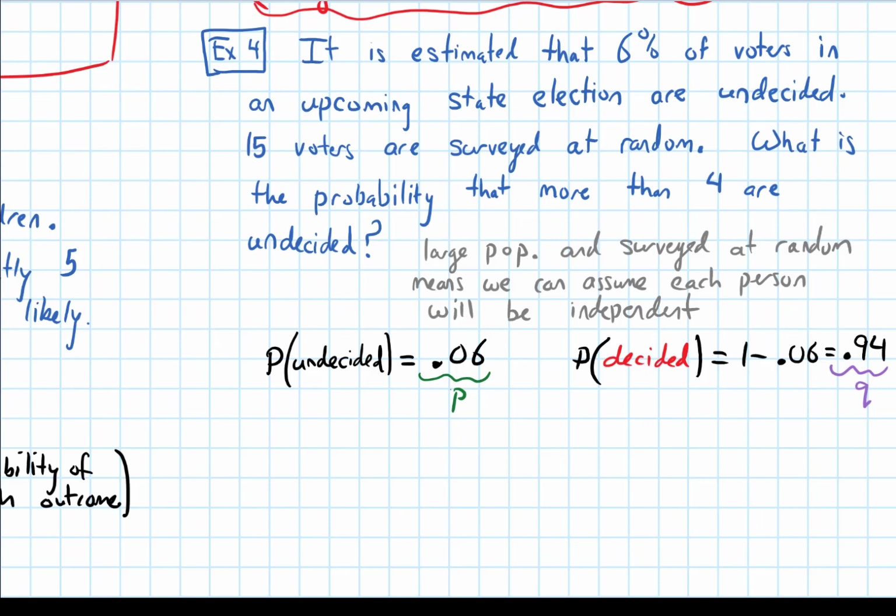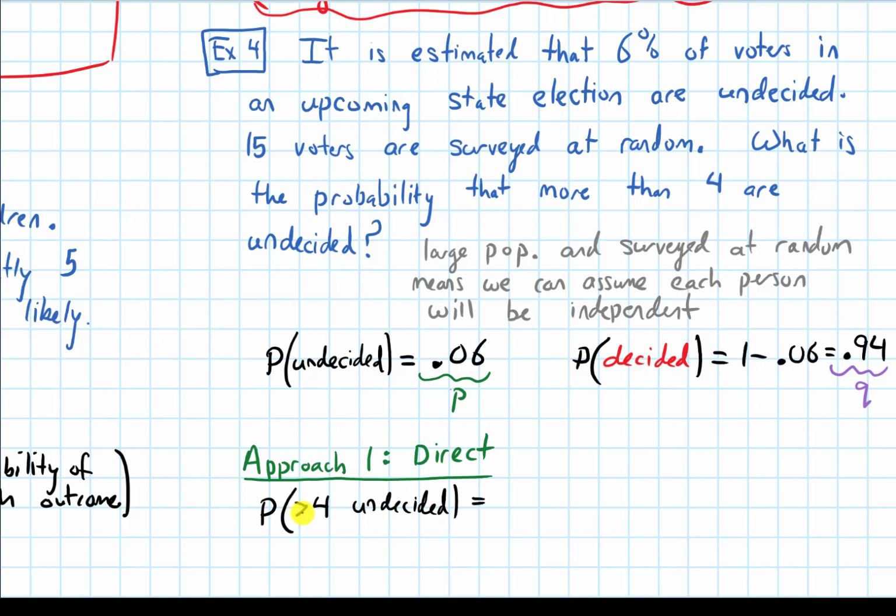Alrighty, so first, let's do this in one way. I'm going to call this approach 1, and approach 1 is going to be a direct approach. So we are trying to find the probability that there are more than 4 undecided people. So I'm going to write a greater than symbol, greater than 4 undecided members.